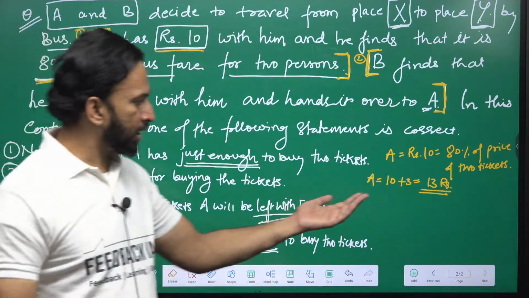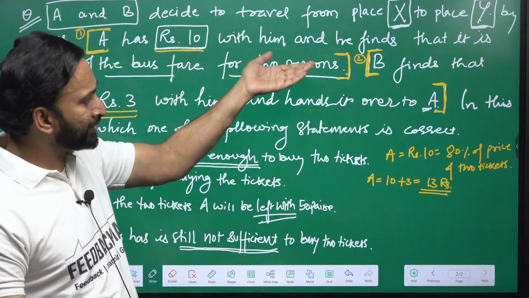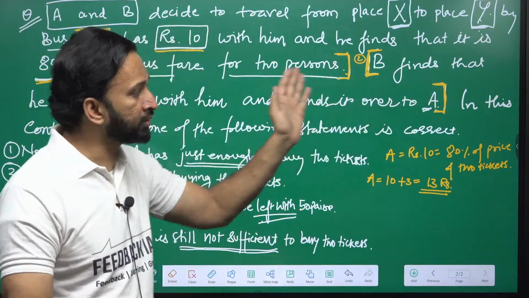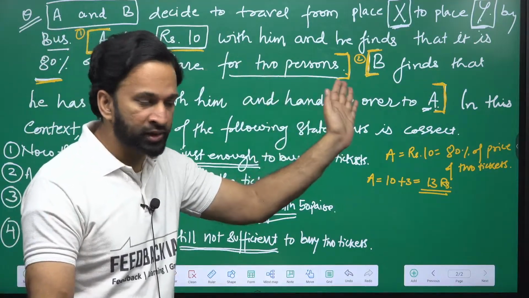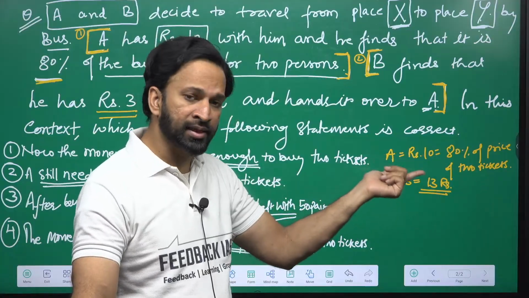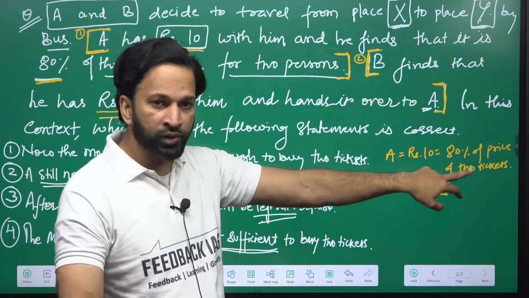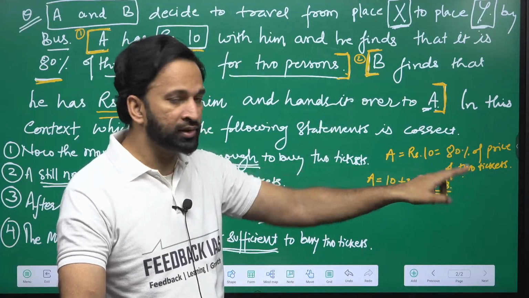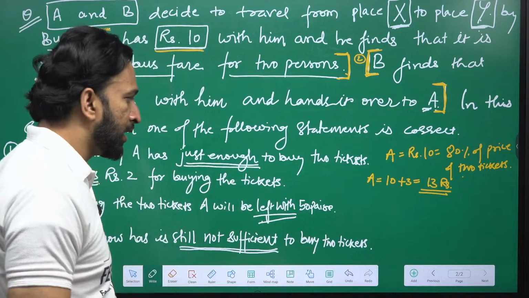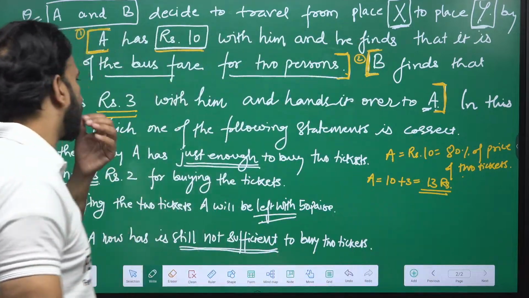This is another interpretation. You have to bring these written statements, these verbal statements, into mathematical equations. This skill is very much required to convert statements into mathematical expressions so that you can calculate the answers, right? Now A has 13 rupees with him, right?